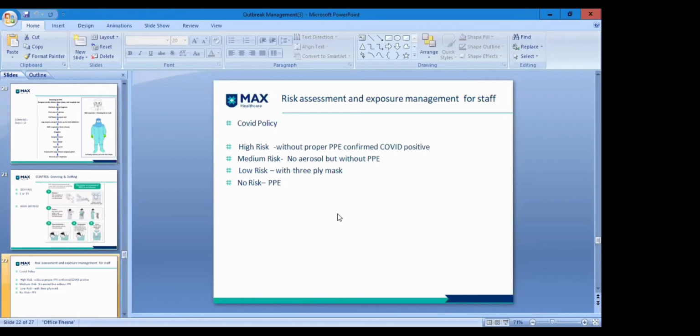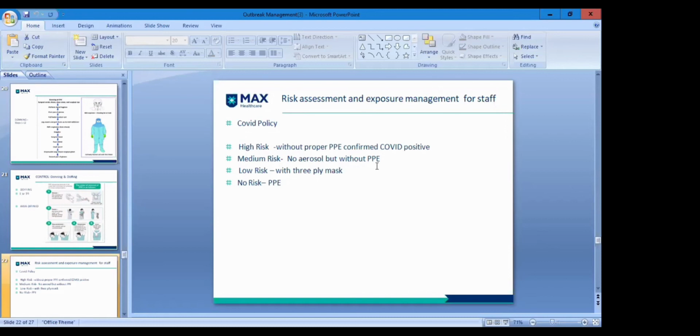If the staff was wearing a 3-ply mask and had not come into contact or was not directly involved, then it was low risk. So we would say that you have to identify if any symptoms occur. In case of medium risk, no aerosol but without PPE, so no procedure was there, but the staff was not wearing proper PPE.